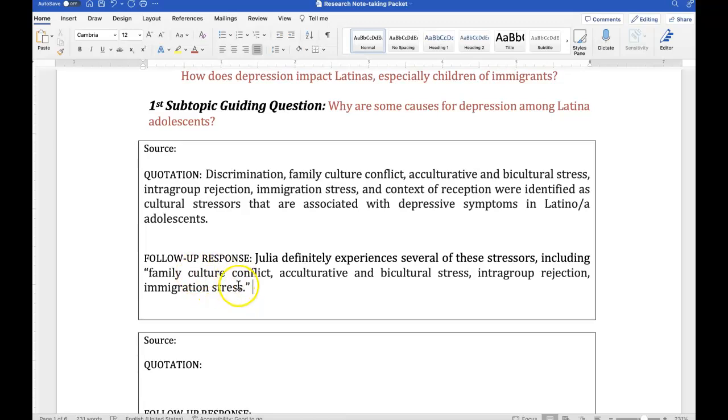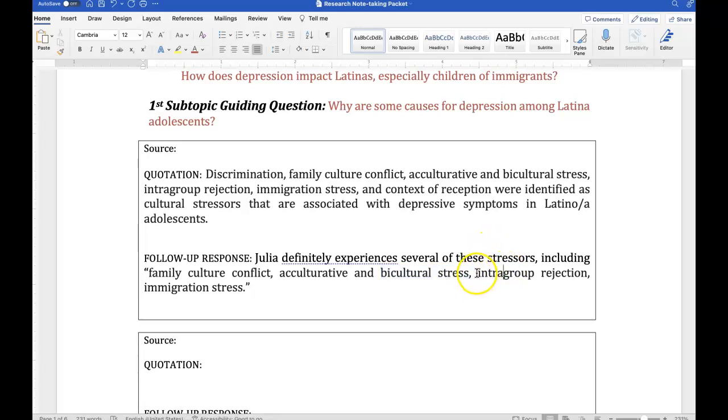So then I would talk about this one, the family culture conflict. I would talk about how she is bicultural and she's experiencing the stress of her parents not understanding why she wants to go out, why she wants to go away to college, why she loves to go to the museum and can't just be happy staying home.